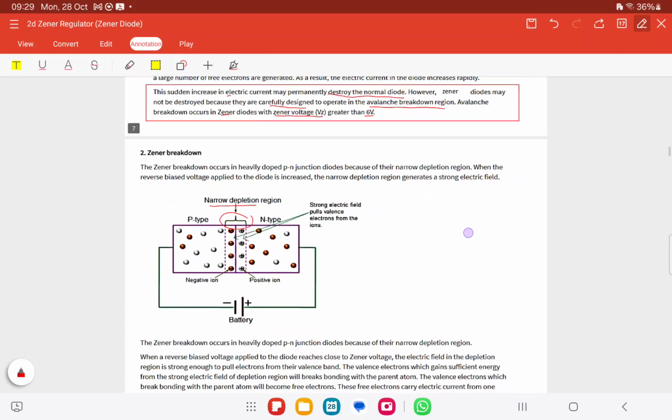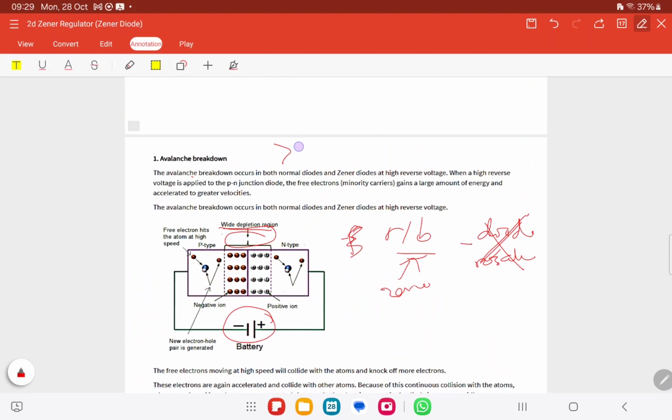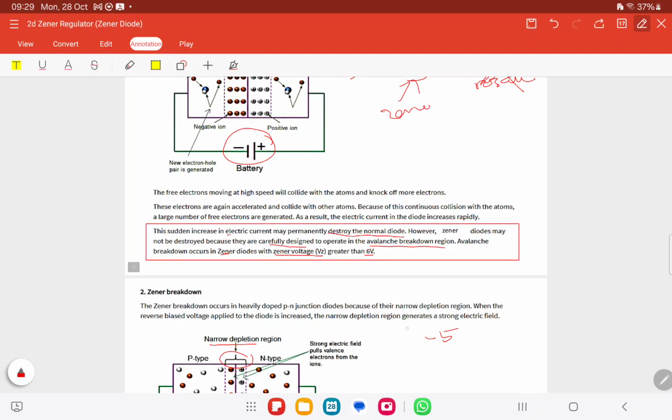Okay, this one is around 5 volts. This is more than 5. Maksudnya negatif lah. Okay, this one dalam lebih kurang 5 in reverse bias.